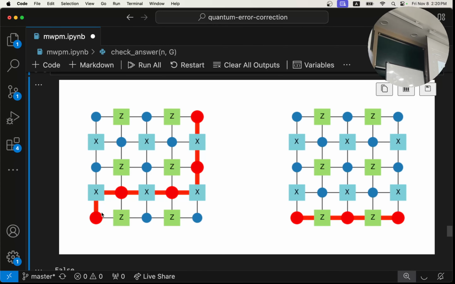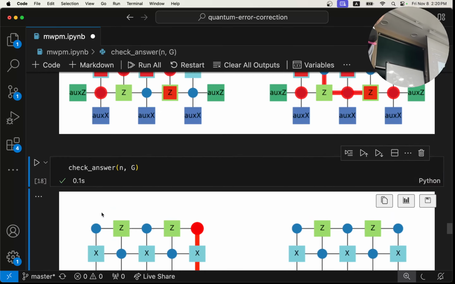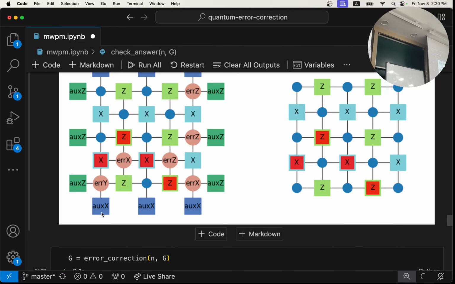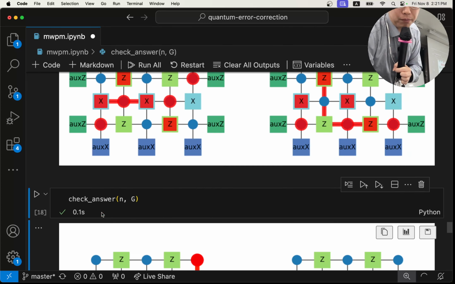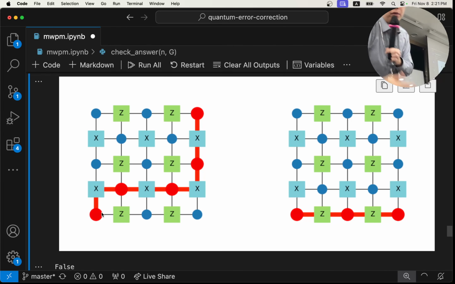Oh, actually, there was one more on the top, right? Actually, there were four errors instead of one. But how could we guess that there were four? Because we could have this result by only one error. This is our best guess, but that was not the actual answer.